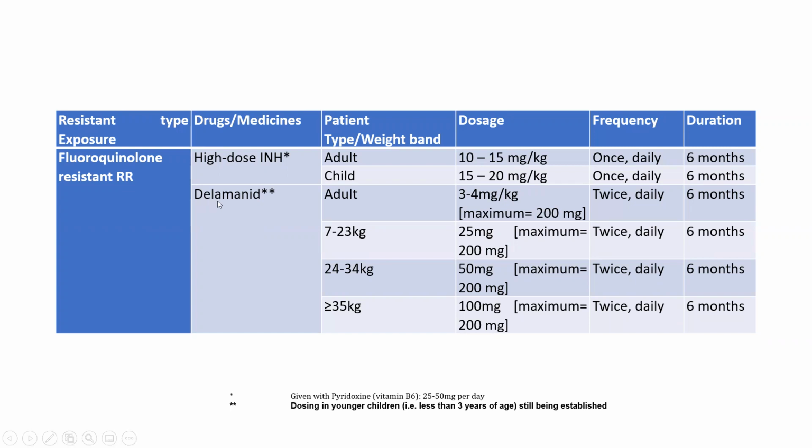Hence, it could be another option in those facilities where it is accessible as a TPT for a patient with fluoroquinolone resistance. In those instances, only adults could be offered that, obviously considering their weight, and you calculate it. It's different because it's given twice daily, for a duration of 6 months.